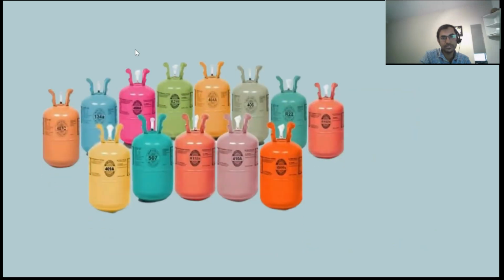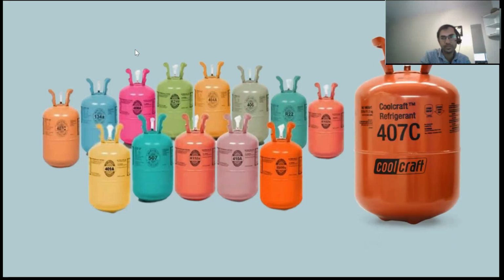This is basically the cylinder where we keep the refrigerant. See, this is R407C, the name of the refrigerant. You can see R410A, or you can see R22. These are the refrigerants. It will be name plated like that so that people can understand which refrigerant it is.